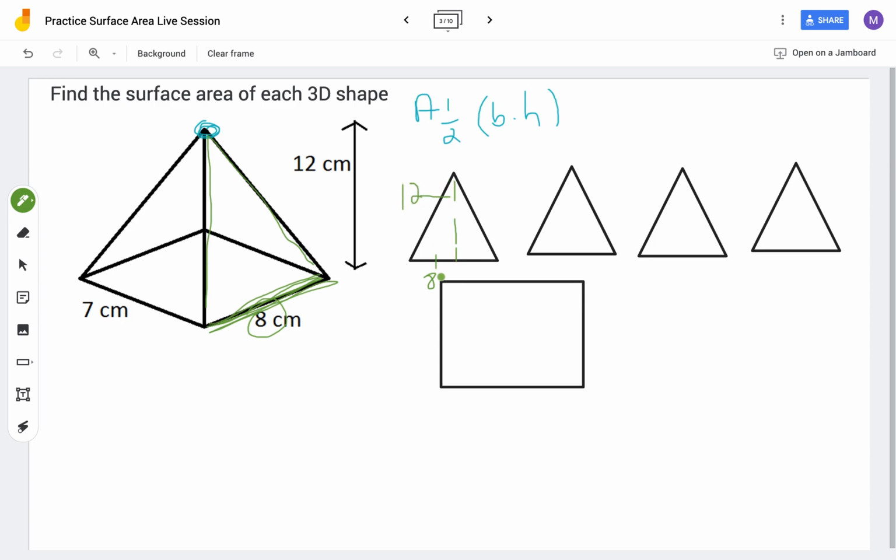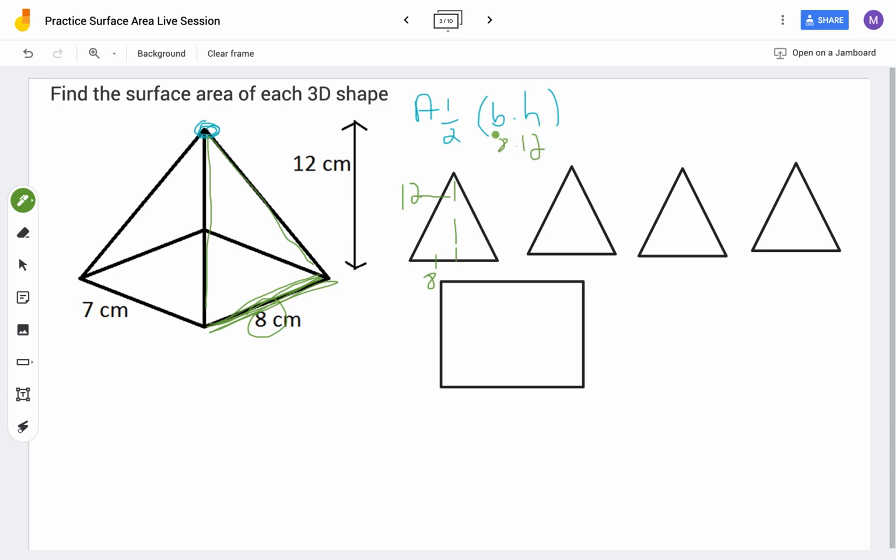So if someone could calculate the area of this triangle, 8 times 12, but don't forget this half, and type it in the chat box. So 8 times 12 is 96, Zoe. So that would be 8 times 12 for the base and the height.